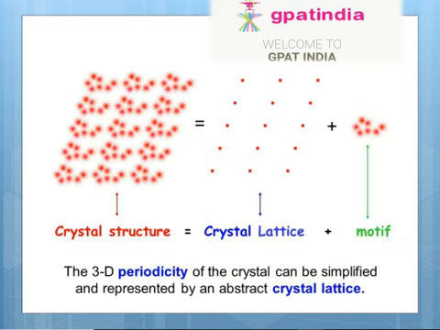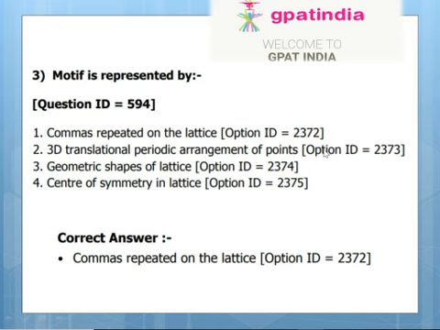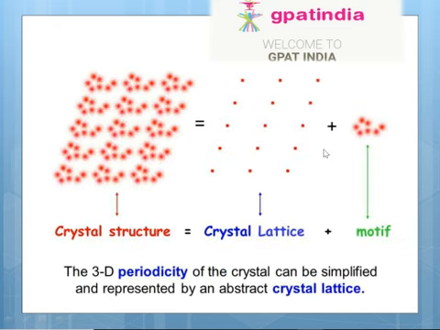Cool. Now look, this is the crystal structure. So crystal structure is a sequential 3D structure of motifs, and these motifs came from these commas, or the commas, crystal lattice followed by motif.